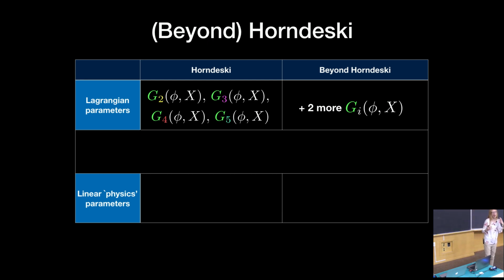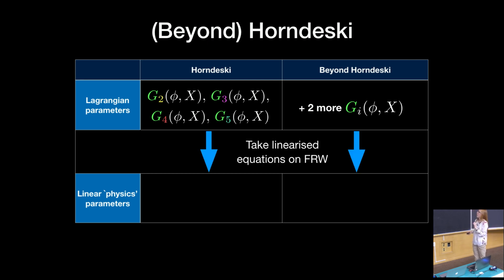By the time you get to calculating something like a matter power spectrum or a weak lensing power spectrum, the modification to GR is a big mess of G's, right? And if I went and said to someone, constrain this kind of complicated mess of G's, it would be a really difficult thing to do. So what we usually do is we redefine this set of functions in the linearized field equations.